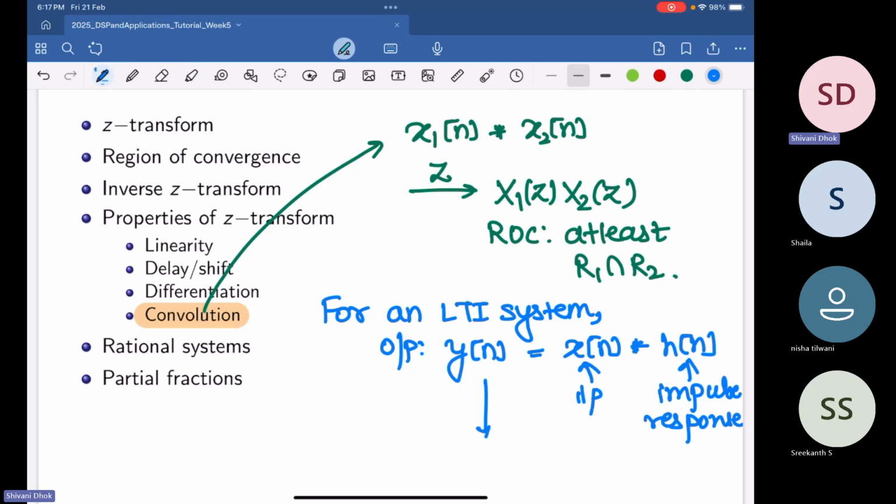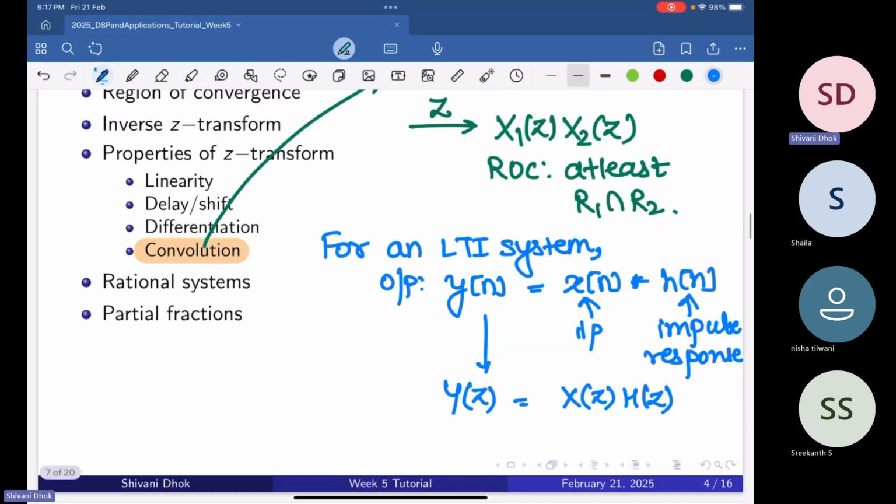So the Z transform of y of n is Y of z, which is equal to X of z times H of z. From this equation, H of z is Y of z divided by X of z. This particular quantity is known as the system function or transfer function.